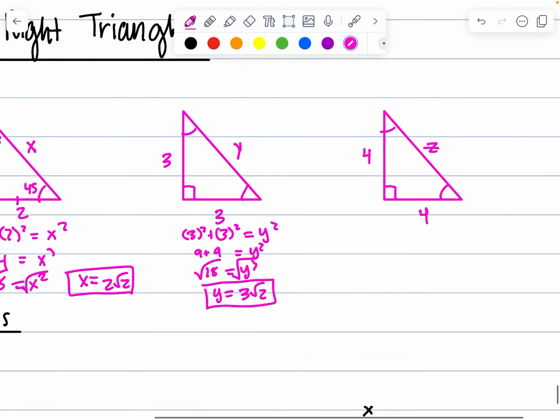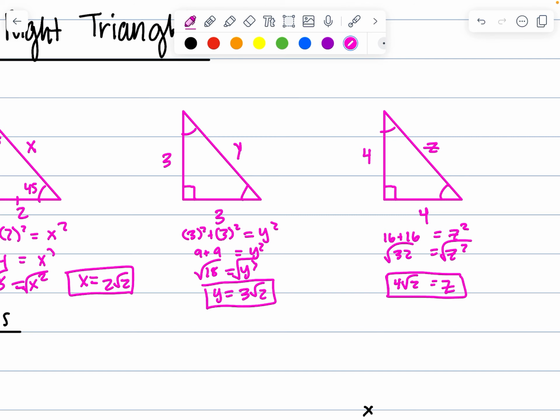Last but not least, 4 and 4. I'm going to skip a step here. 4 squared plus 4 squared is 16 plus 16, which is equal to 32, is equal to z squared. Square root both sides, and you break this apart, you get square root of 16, which is 4. So you get 4 root 2, and z is equal to that.